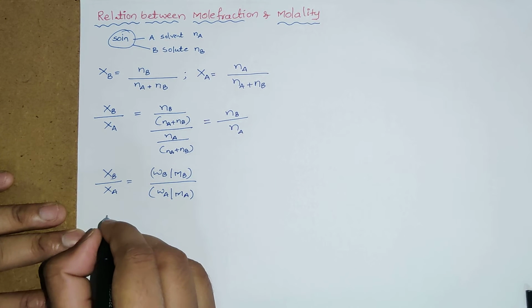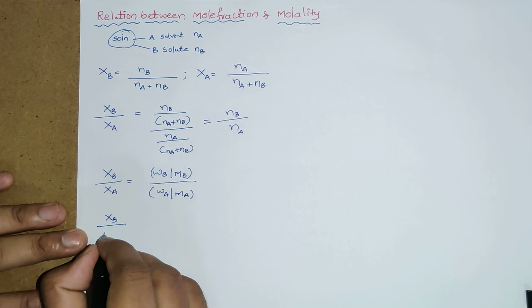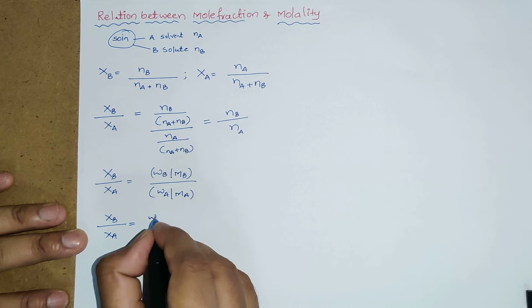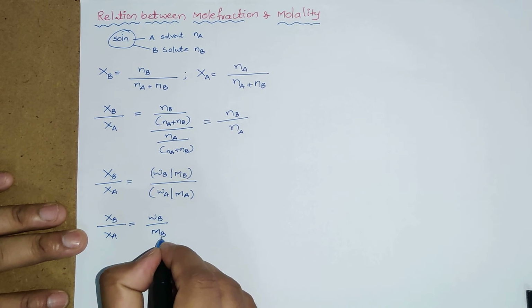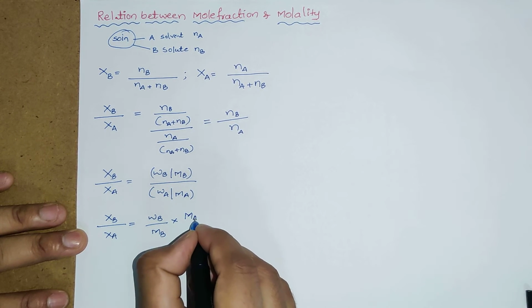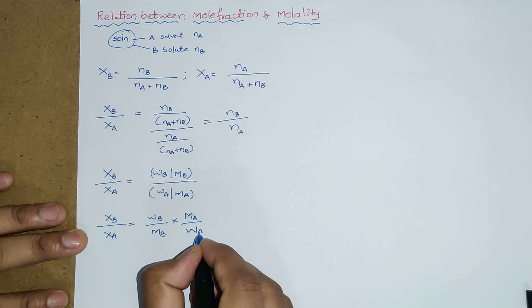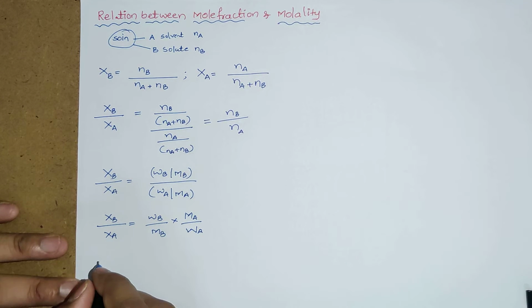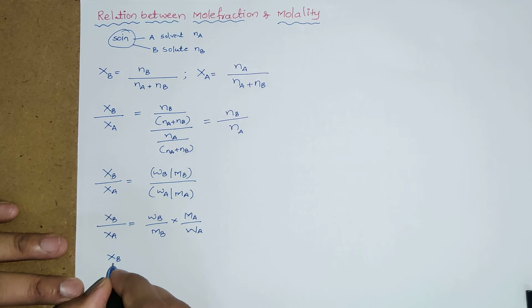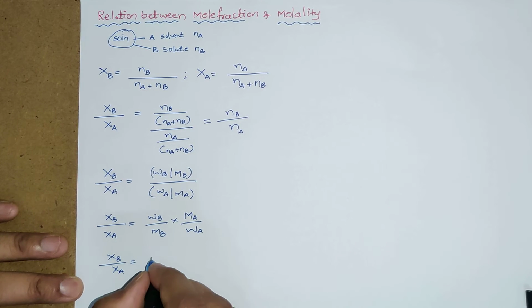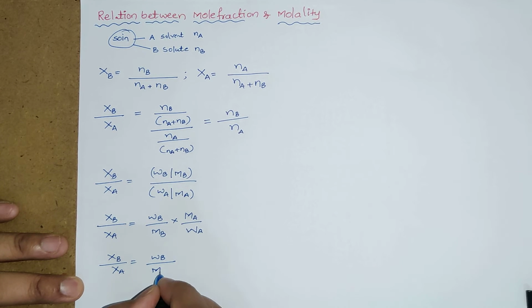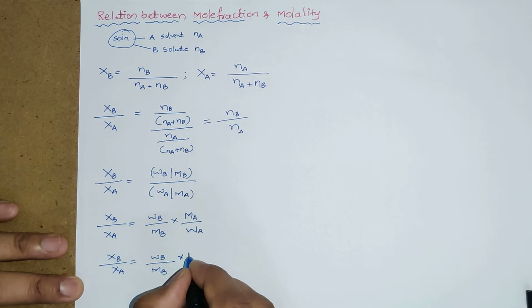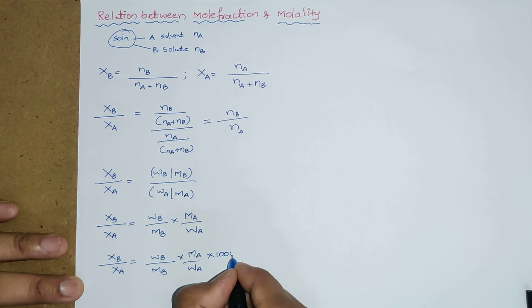Just rearranging this equation, we get Xb by Xa is equal to Wb by Mb into Ma by Wa. Divide and multiply the above equation with 1000, we get Xb by Xa is equal to Wb by Mb into Ma by Wa into 1000 divided by 1000.